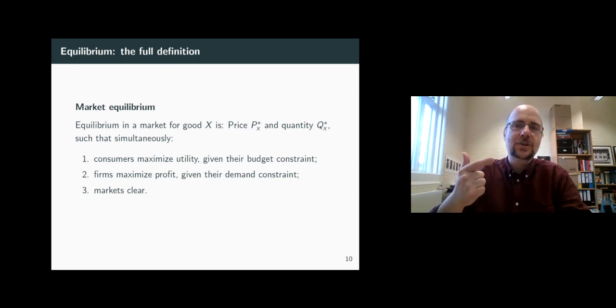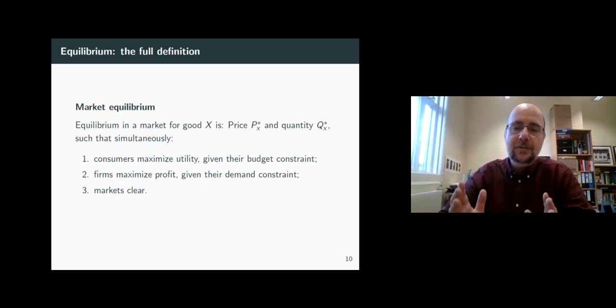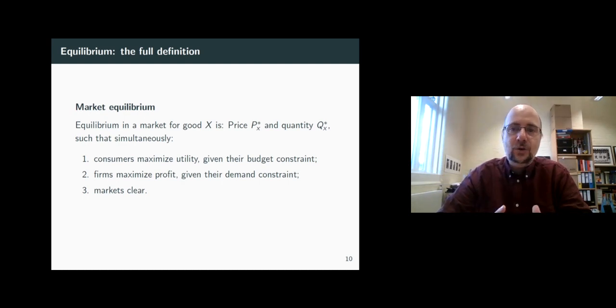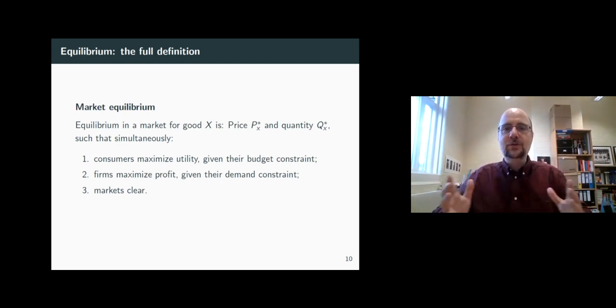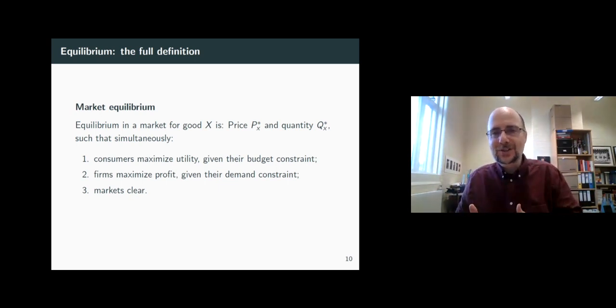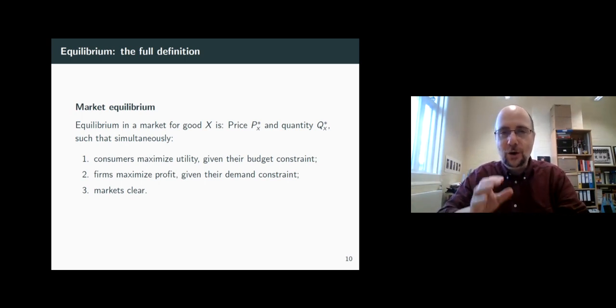P star and Q star are a result of this maximization process happening at the firm level. And finally, we need the utility-maximizing quantities and the profit-maximizing quantities to be the same for both consumers and firms. Only then can we say that the market clears. When we have a price and a quantity satisfying these three conditions at the same time, we can safely say that the market is in equilibrium.